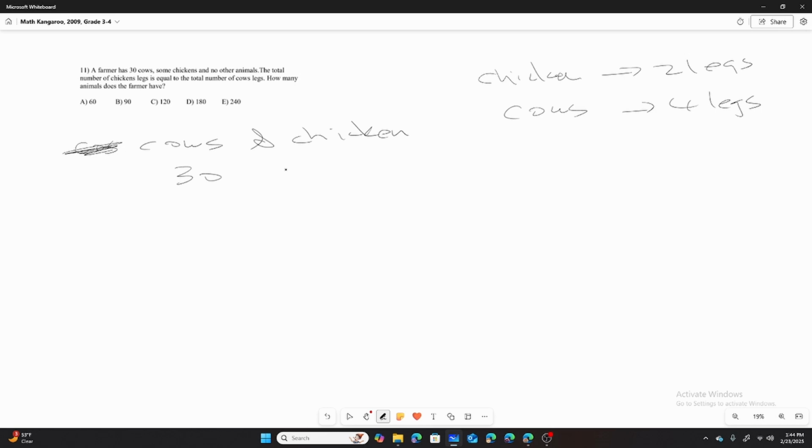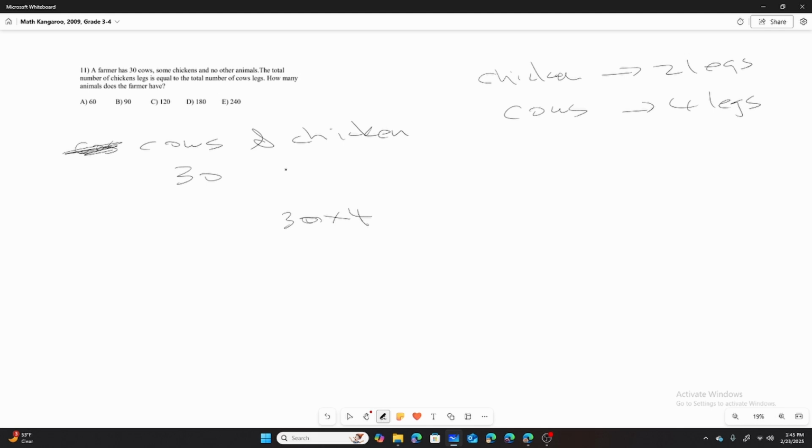So that means that if there are 30 cows and each cow has 4 legs, then the total number of legs the cow have in total is going to be 30 times 4. This would be the total number of legs that the cow have, right? Just the number of cows times how many legs each cow has is going to be 30 times 4.